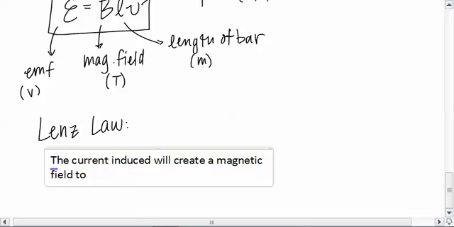I thought that was strange looking. The current induced will create a magnetic field to oppose the change in magnetic flux. What? Okay. We'll take it one step at a time.